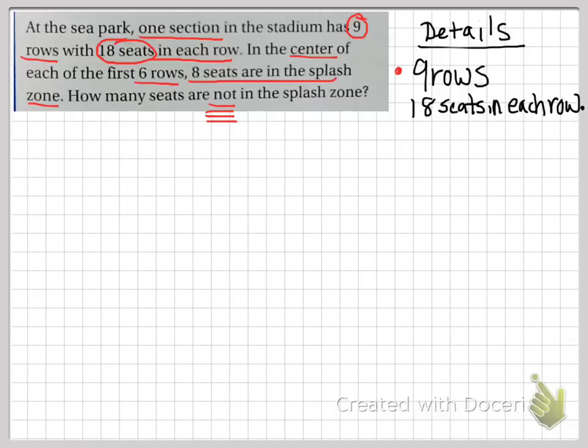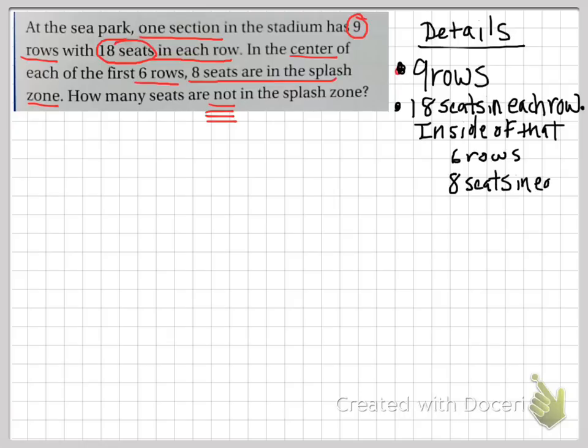All right, so let's take some key details here. We've got 9 rows, 18 seats in each row, and then inside of that, because this is part of this section, we have 6 rows, 8 seats in each row.